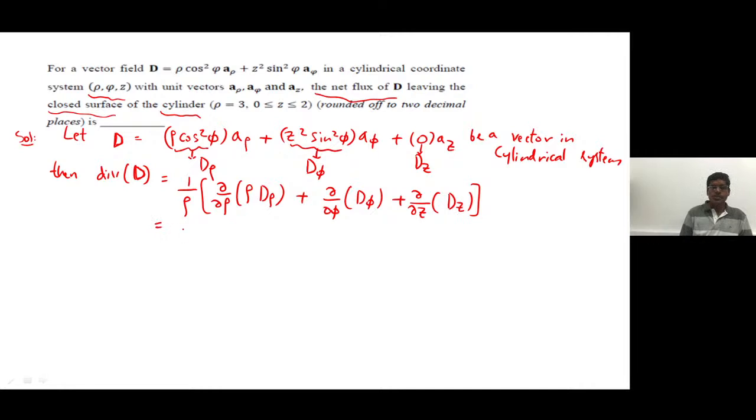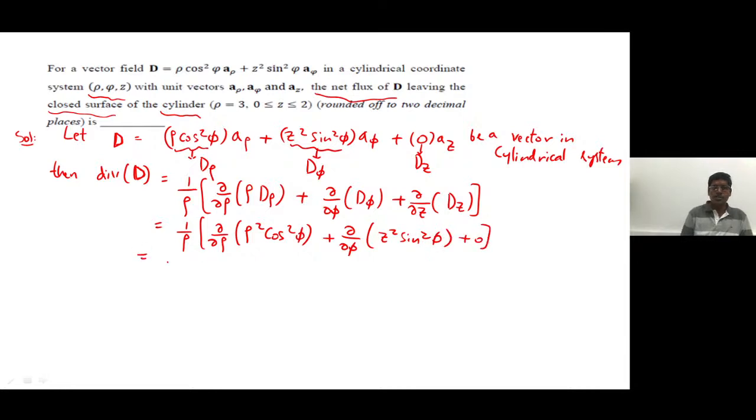So this is 1 by rho into dou by dou rho of rho into D rho, which becomes rho square cos square phi, plus dou by dou phi of D phi, z square sin square phi. Dz is already 0, so this is plus 0.